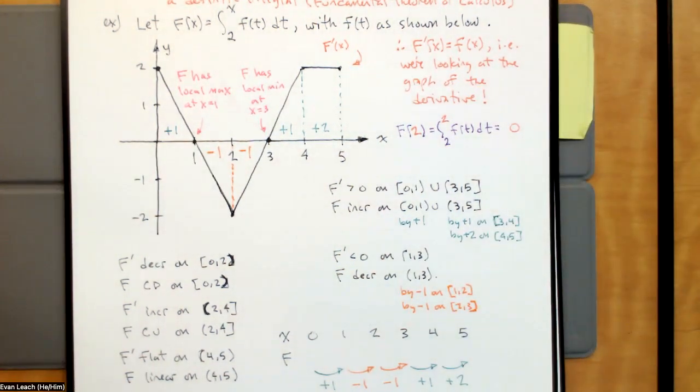So by defining the function this way, when I say capital F of x is the integral from 2 to x of f of t dt, I am telling you that F of 2 is equal to 0. Remember, the definite integral from a to b of f of x dx is capital F at b minus capital F at a. So if we do the definite integral from a to a, I want to do capital F at a minus capital F at a. And I don't care what's happening with the function.